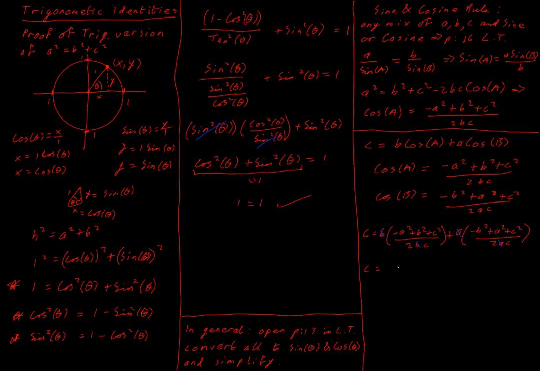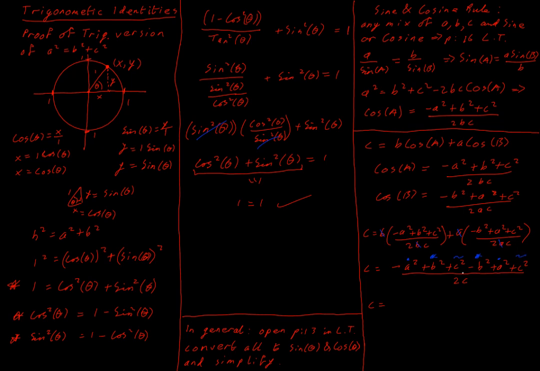So I end up with c is equal to, I now have a common denominator, so I can write these fractions added together. A squared plus b squared plus c squared minus b squared plus a squared plus c squared all over 2c. Gather your like terms. So I have a minus a squared, a plus a squared, a b squared and a minus b squared, and a c and a c.